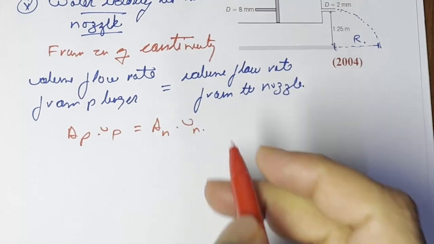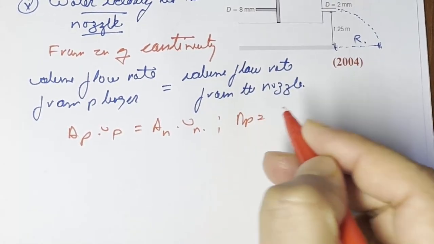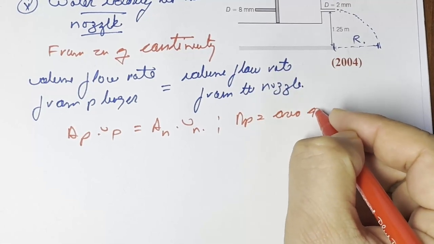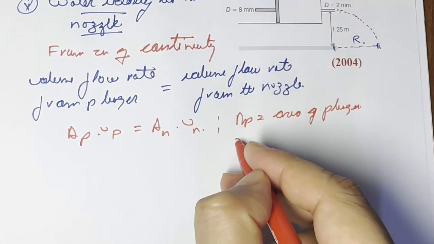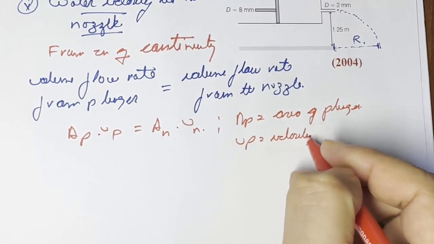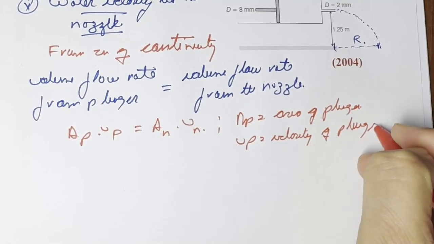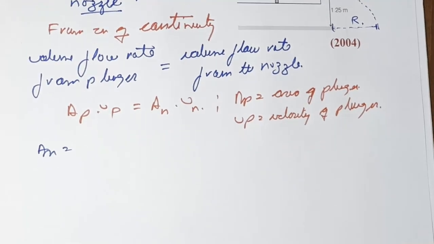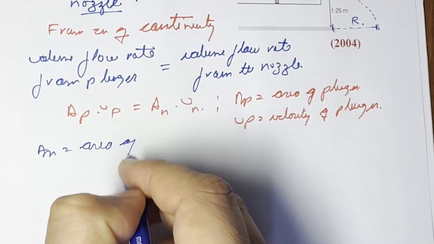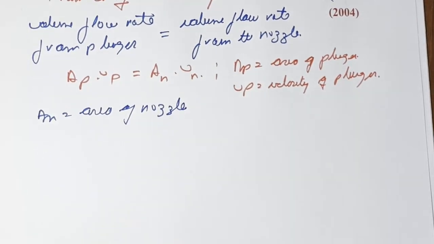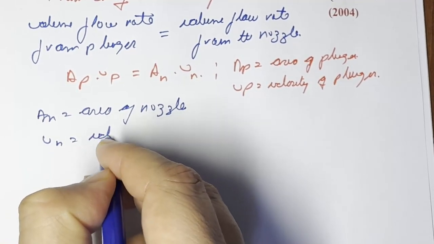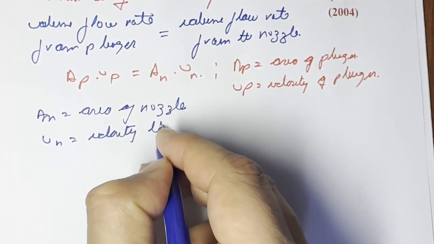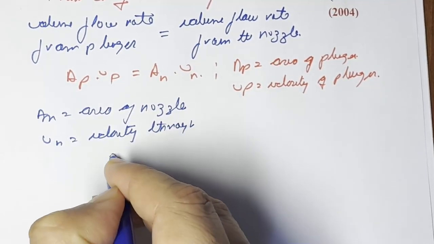where AP is the area of the plunger, VP is the velocity of the plunger, AN is the area of the nozzle, and VN is the velocity through the nozzle.